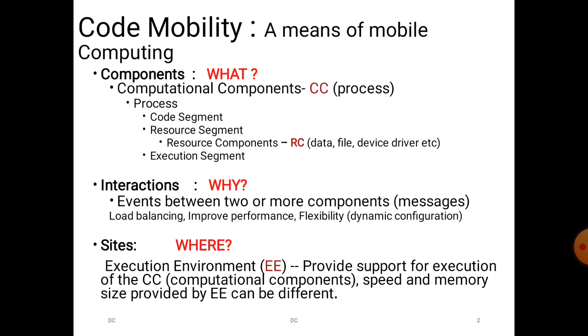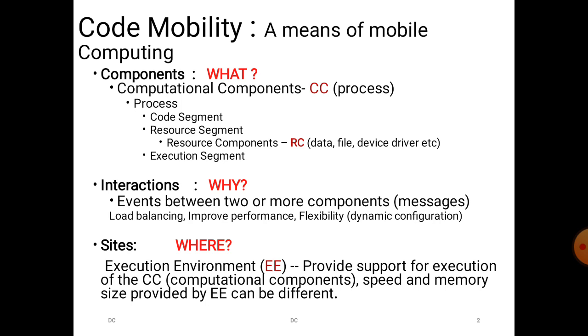So what are the components there? In code mobility, the components may be computational code, that is the actual process. If I have a requirement, how this requirement is processed, that is the computational process. Each process has a code segment to do that process, and that code segment will be executed in a resource segment.